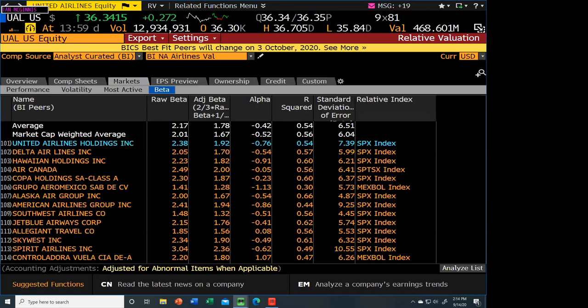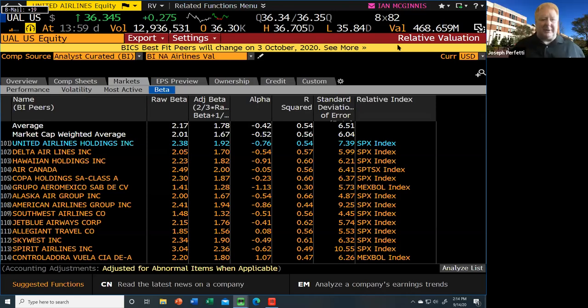So it's more sensitive. Yeah, because the 2.38, it's going up 238% of the S&P 500, where the industry is only going up 200% of it. So it is even more sensitive in both directions than the industry. So United is even more sensitive economically. And that's the point. That's what I want you to understand.